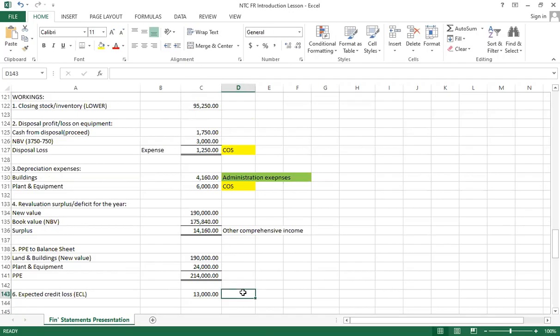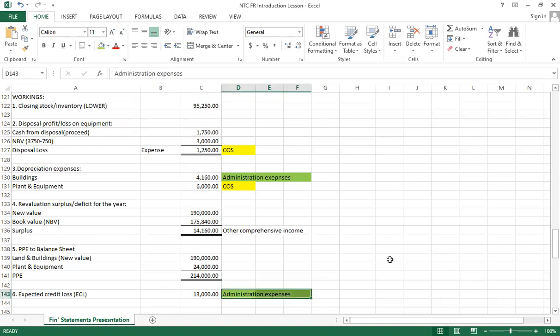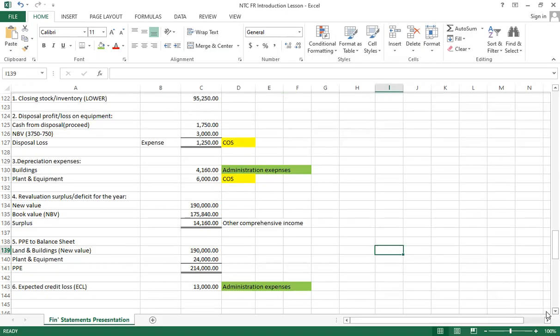The question has said that as an expenditure, include it under the administration expenses. So later for the administration expenses, we will appreciate that we then have that 13,000, which is the expected credit loss as an expense.